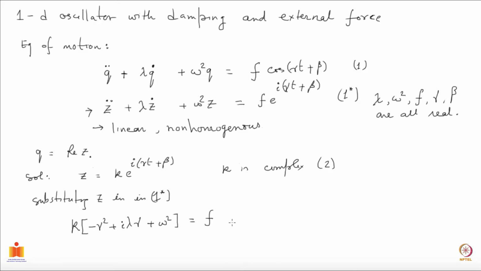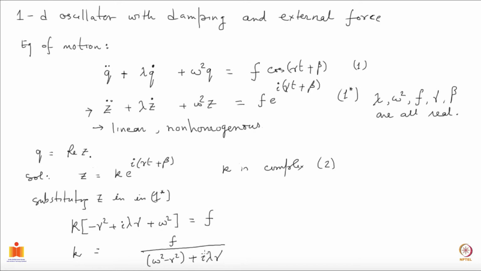Okay, now you can write k, yeah, here itself. So you can write k is equal to f over omega square minus gamma square plus i lambda gamma.